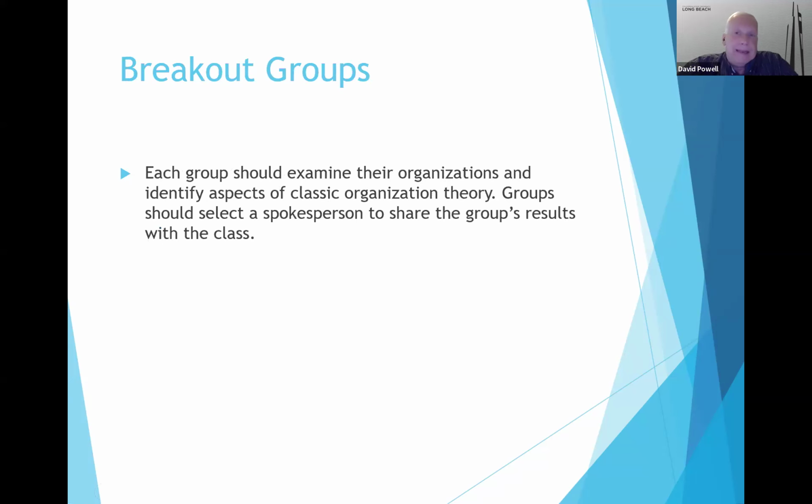So that was a 90-minute tour de force of the development of the classical school of organization theory, running from the late 1800s up into the 1940s or 50s. That's what we consider to be the classic school of organization theory.